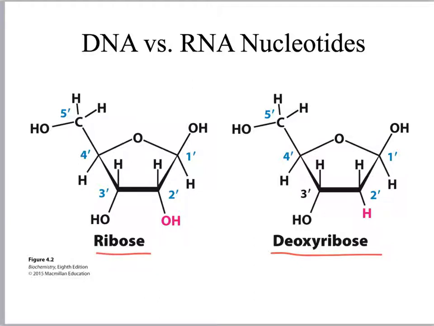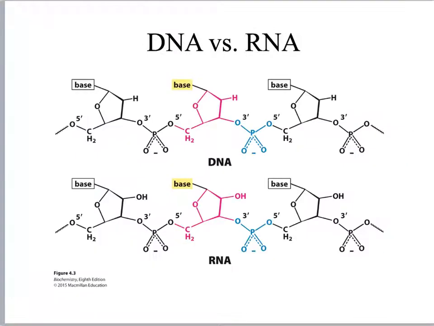So if you look at these structures, the deoxyribose has 1 fewer OH group, and that's highlighted in red. So deoxyribose, you're missing that oxygen or that OH group, and it's a hydrogen that's in its place. So D or deoxygenated at that position.